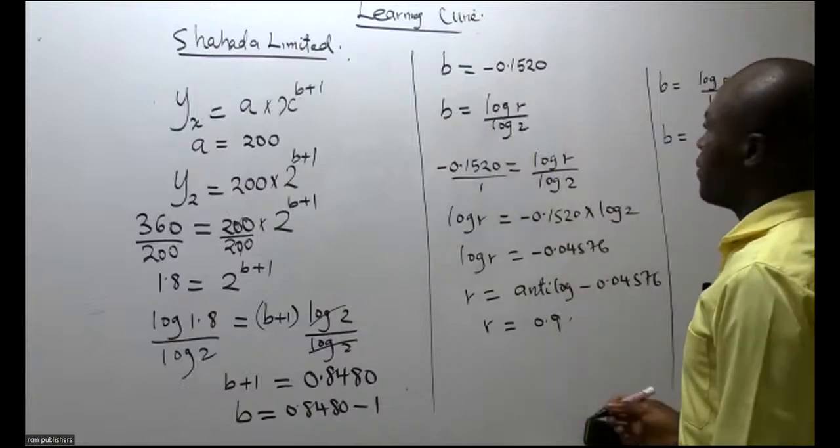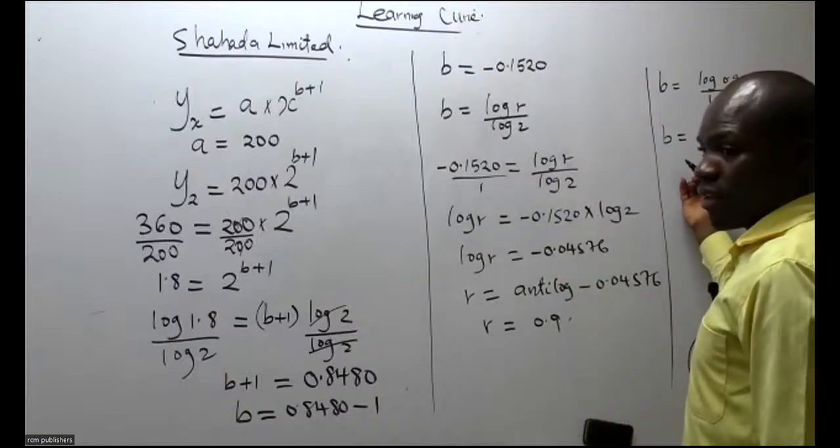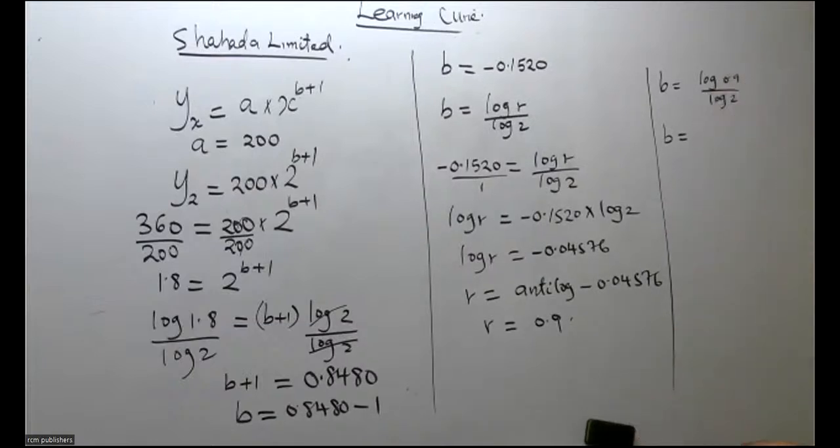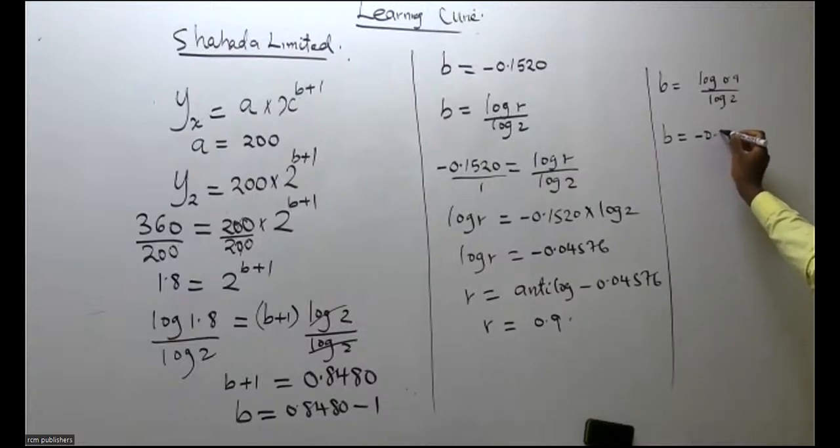Will you have that as the value of B? Is it giving you something close to this?